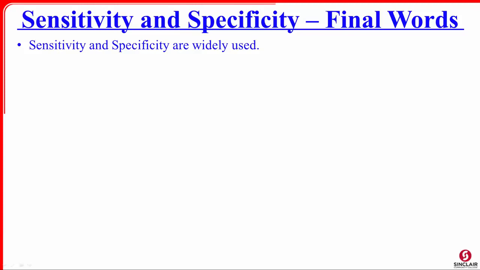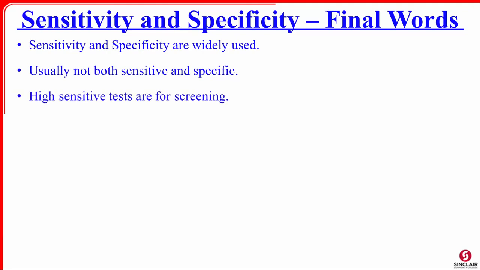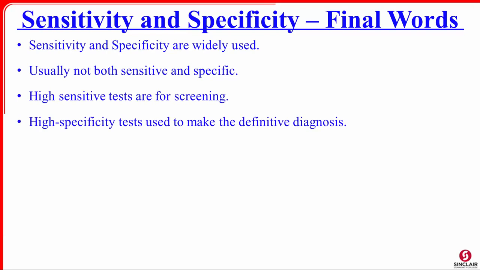Sensitivity and specificity are widely used. We talk about them with many tests, and we choose what tests to do based on sensitivity and specificity. Usually a test is not both sensitive and specific. It's possible, but it's very unusual. Highly sensitive tests are for screening, and high specificity tests are used to make that final diagnosis.